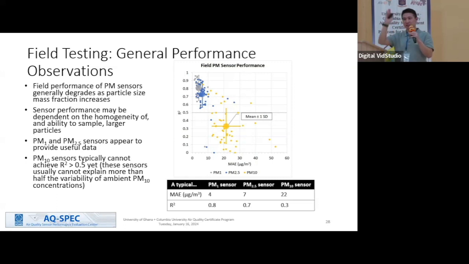Their R-squared is typically pretty high, almost 0.9, or sorry, 0.8 on average, for the PM1-reporting sensors we tested, and also typically the lowest average mean absolute error. And then PM2.5 sensors are not as good, but still quite good on average, an R-squared of 0.7 and a mean absolute error of 7 micrograms per meter cubed.